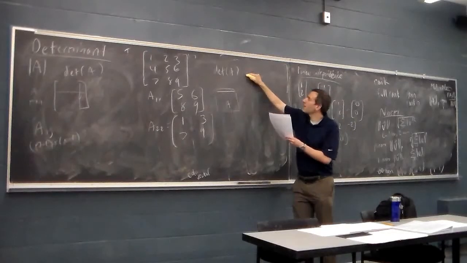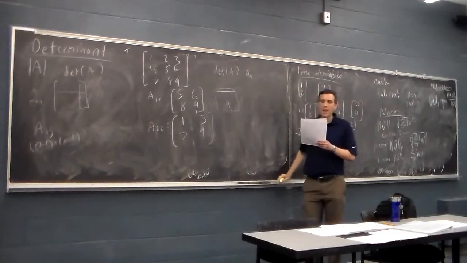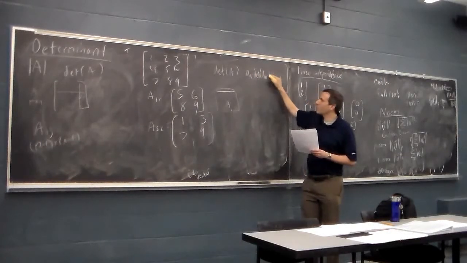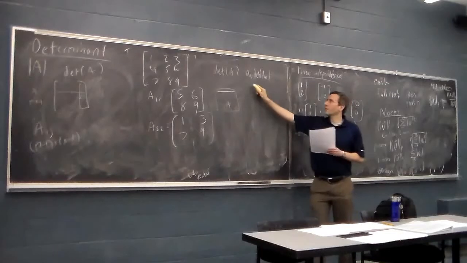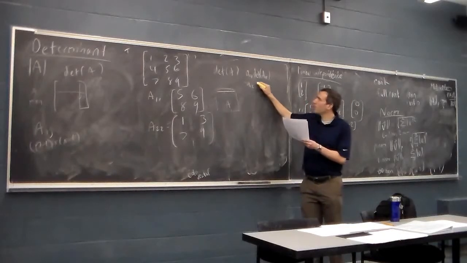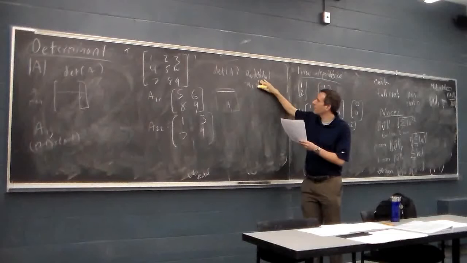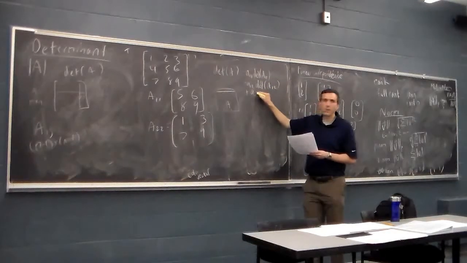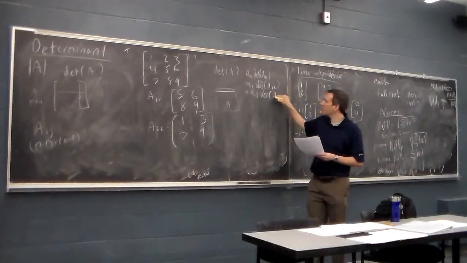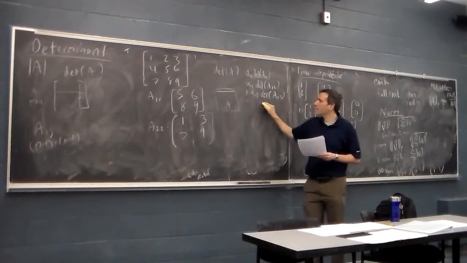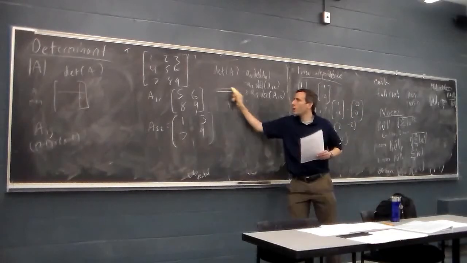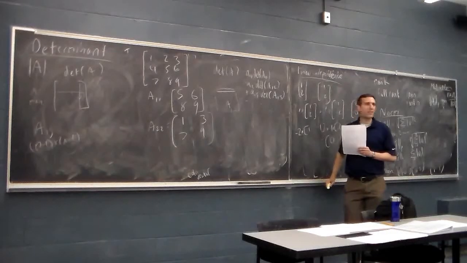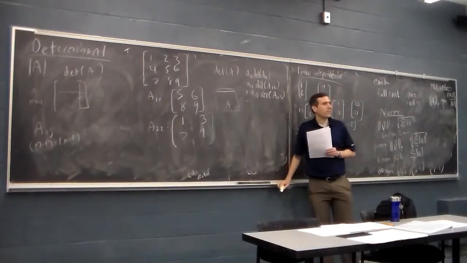So we'll take element A11 and multiply that by the determinant of the submatrix A11. We then subtract A12 multiplied by the determinant of the submatrix A12, add A13 multiplied by the determinant of the submatrix A13, and so forth, just running through one row or one column of the matrix. And what we get at the end is going to be the determinant of A.